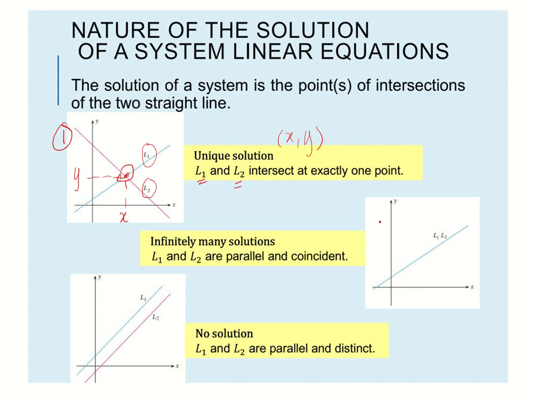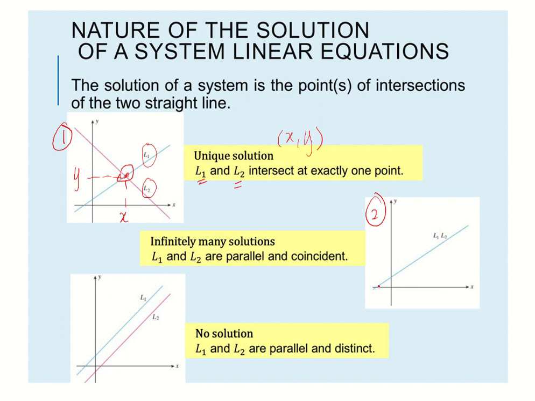Now let's look at the second type of solution of a system of linear equation. It might happen that line 1 and line 2 are parallel and coincident. What does parallel and coincident mean?